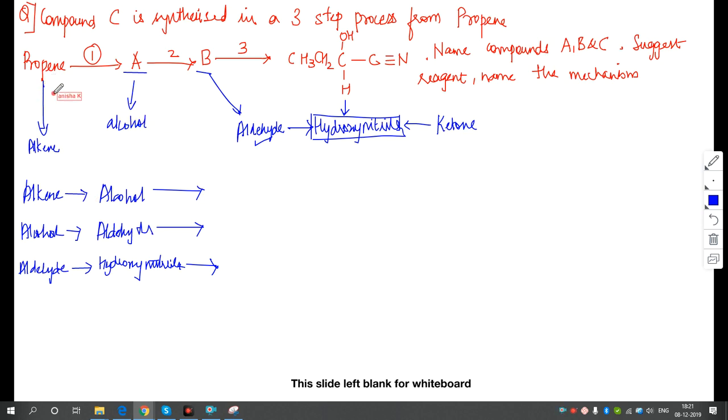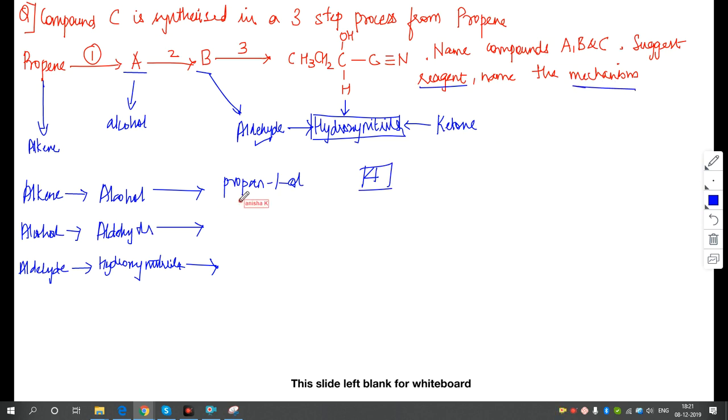So propene is my starting reagent and it is getting converted into alcohol. So propene, when I convert it, will be nothing but propan-1-ol, right? According to the table, check the table of 4 and tell me what will be the reagent and the mechanism.